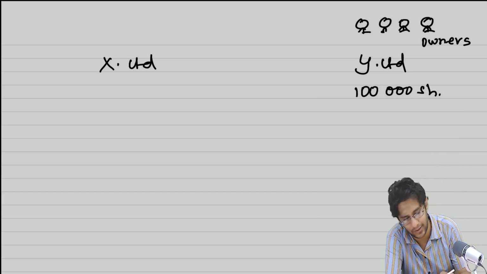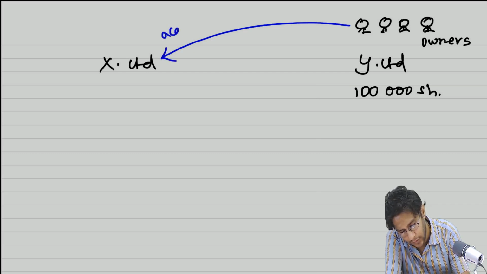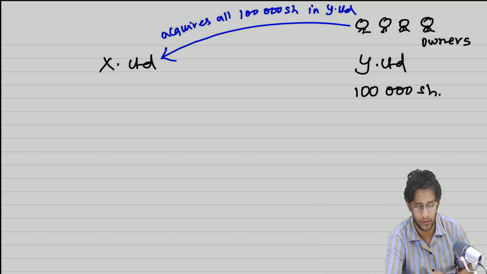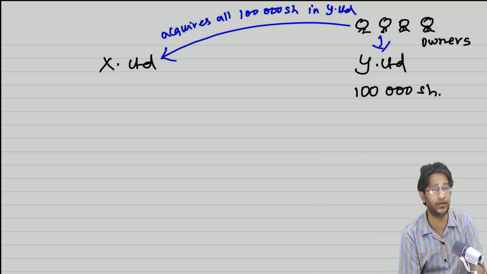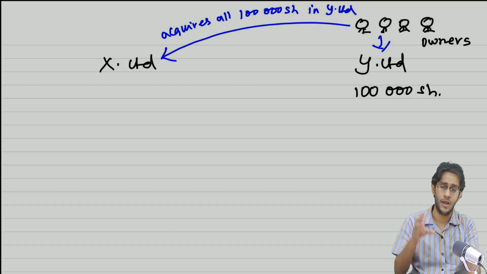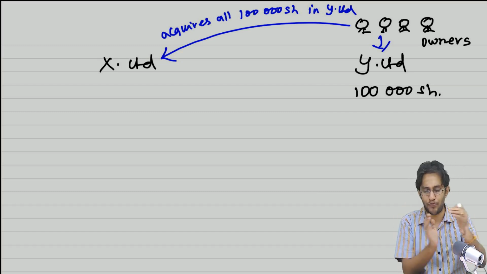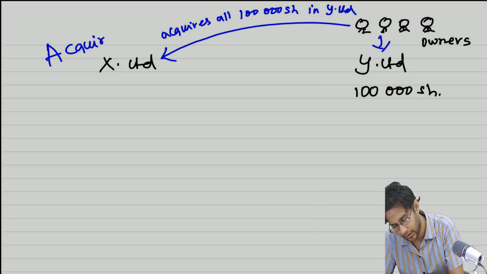So the deal X Limited made is to acquire all 1 lakh shares in Y Limited. Presently 100% shares in Y Limited are held by 4 guys. We pay some consideration to them, and X has acquired the entire 100% shares in Y Limited. So X has obtained control over Y Limited, and X Limited is clearly the acquirer.